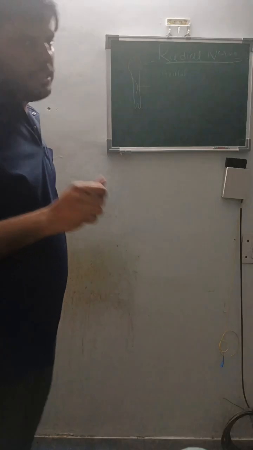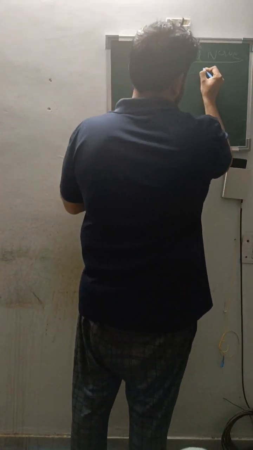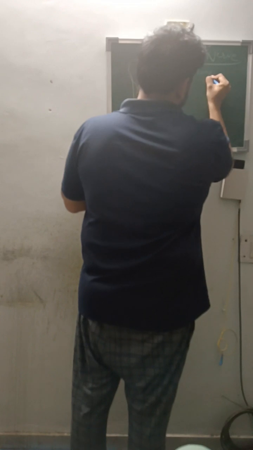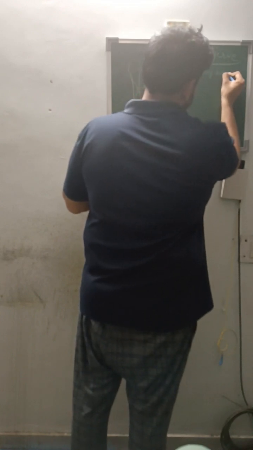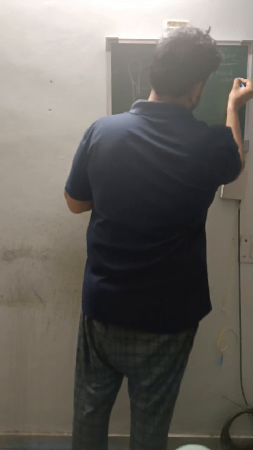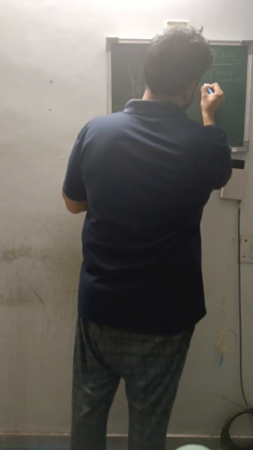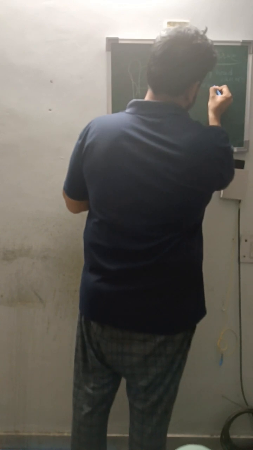In the axilla, the nerve supplies which muscles? It supplies the long head of triceps and the medial head of triceps.